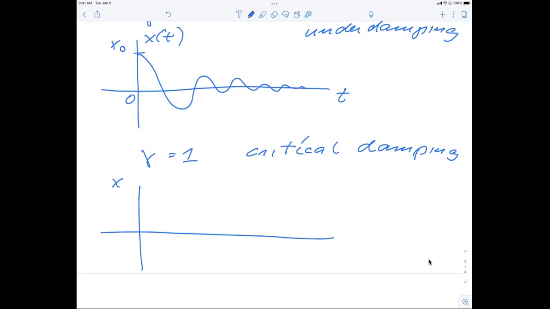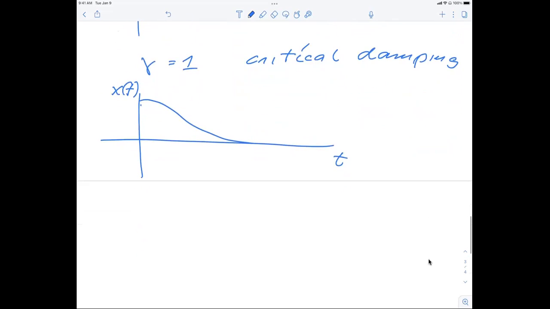We had x of t and time here, and it would simply go quickly down to 0. My drawing capabilities, as you probably have seen throughout the semester now, are not the best, so please apologize if this does not look like what we saw numerically. But we get critical damping and the system goes quickly down to 0.